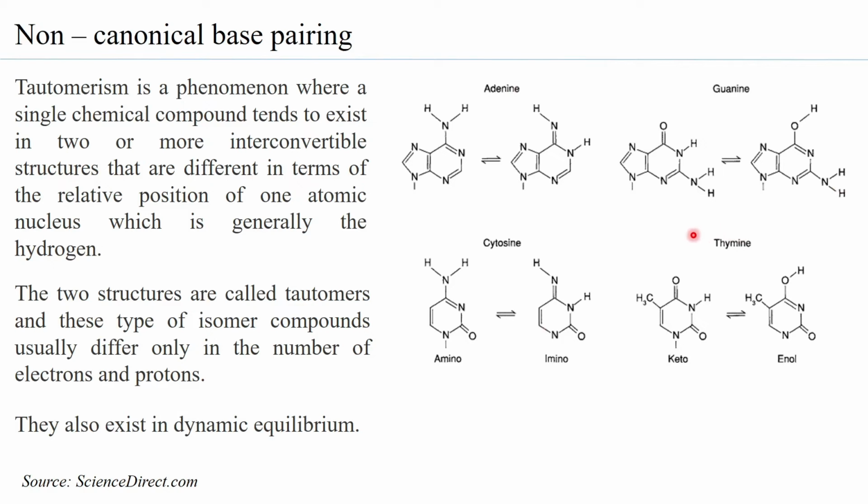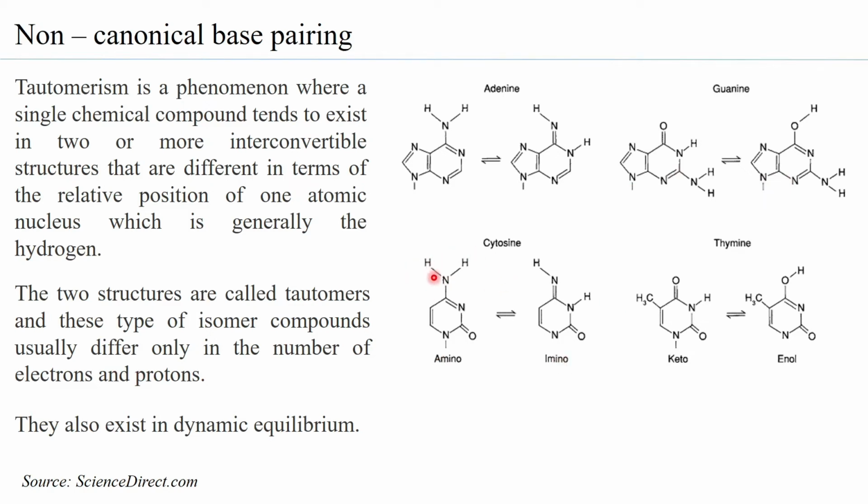Now if you see guanine, this is the keto form where you have the double bond O, but you can also have the H from here going here, so it becomes the enol form. And by virtue of the positioning of the H to the O, you can see that the double bond position has also changed. So you can have such changes in the positions or number of electrons and protons, and therefore you have these two tautomers. The same you can see in cytosine.